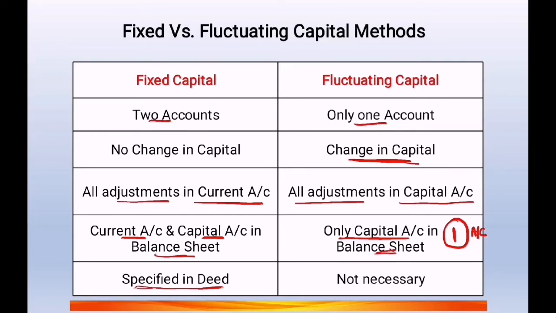Whereas for the fluctuating capital method, it is not necessary to mention it, because if nothing is mentioned, we will always follow the fluctuating capital method for preparation of partners' capital account.